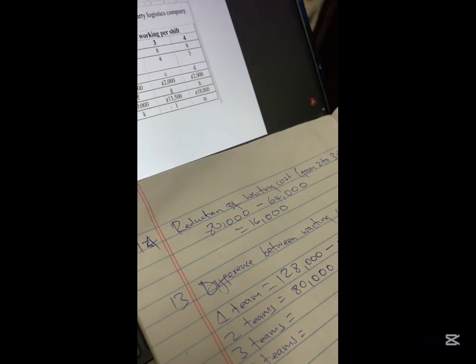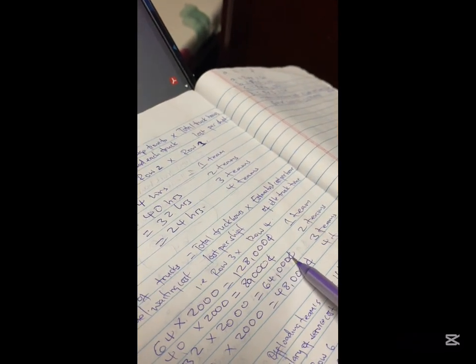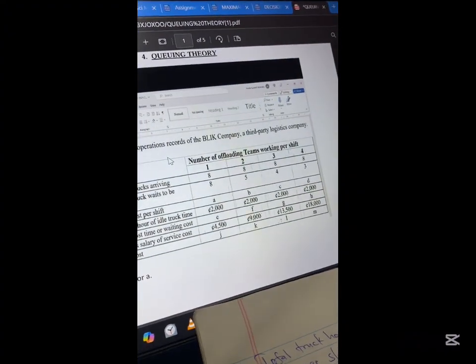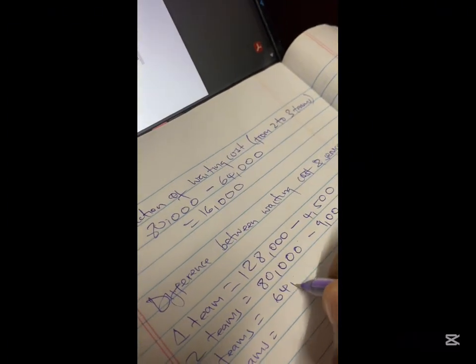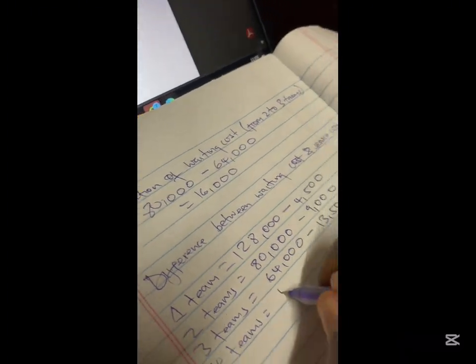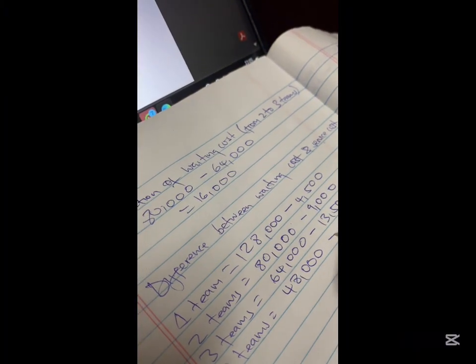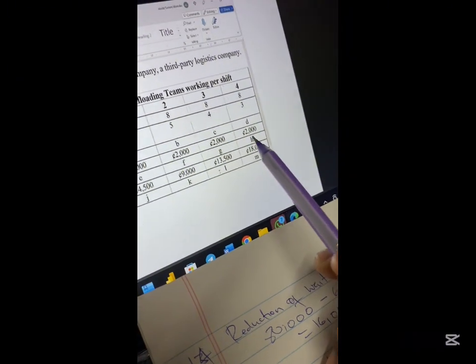For team 3, their waiting cost was 64,000 and their service cost was 13,500, so it will be 64,000 minus 13,500. For team 4, the waiting cost was 48,000, and the service cost, which was given in the question, was 18,000.